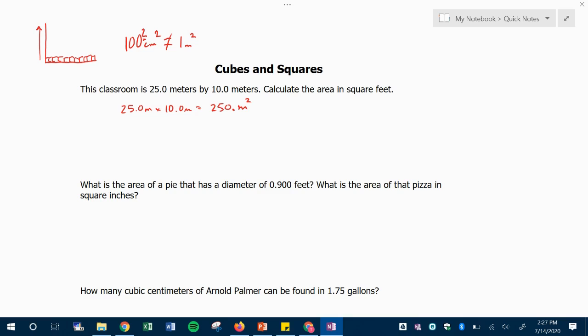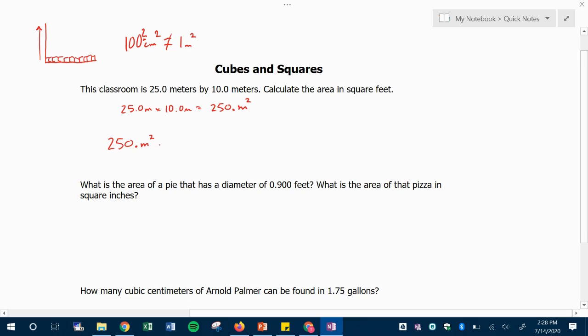To do that, it starts off with our factor labeling as 250 meters squared. Just so you know, you really only have to round or worry about sig figs at the very end. Even if I didn't worry about it here, your final answer does need to be rounded to 3 sig figs.